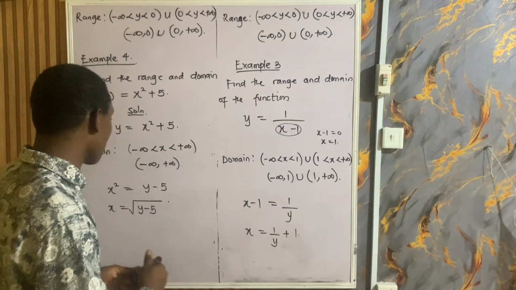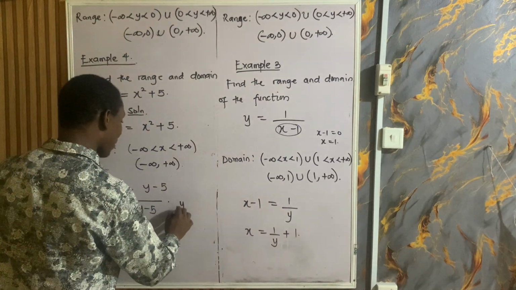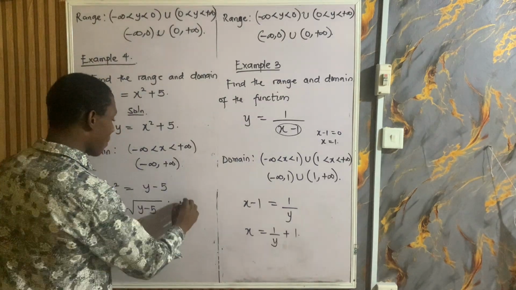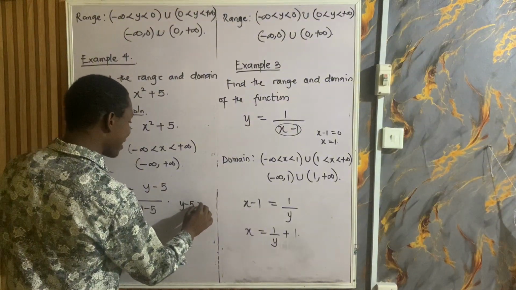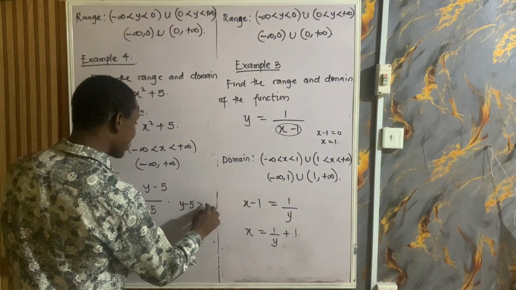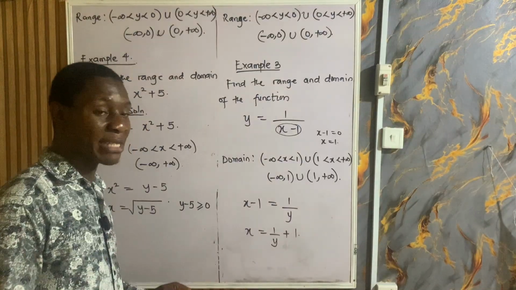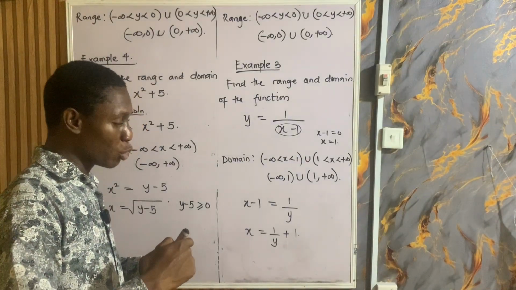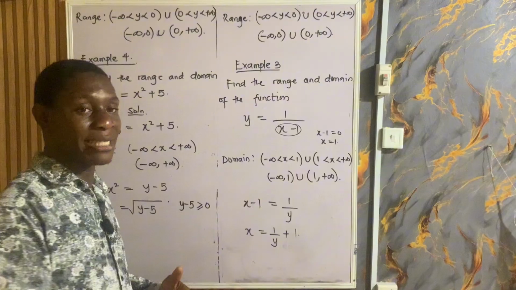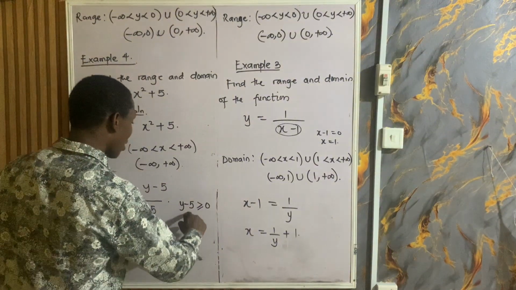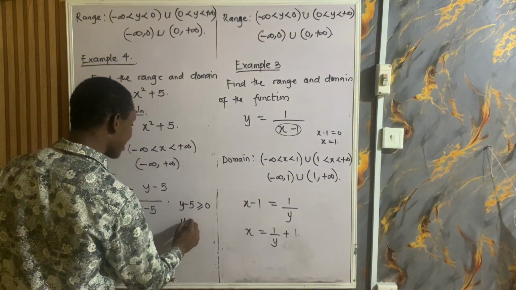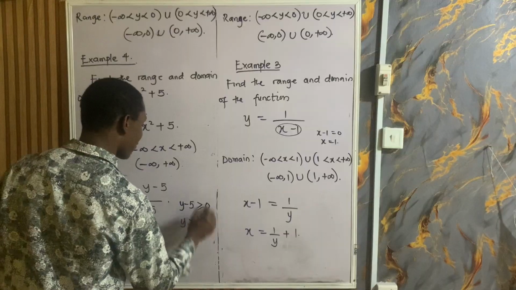And the best way to do it is to say y minus 5, the thing inside the square root, should be greater than or equal to 0. That's how to do it. Because whatever is here should not be negative. So if it's not going to be negative, it should either be 0 or greater than 0. And so if you do that, this one comes here, you see that y is greater than or equal to 5.